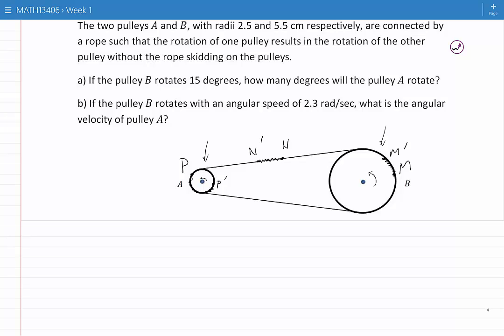Then, with a bit of thinking, it is clear that the arc MM prime has the same length as NN prime, which has the same length as the arc PP prime.